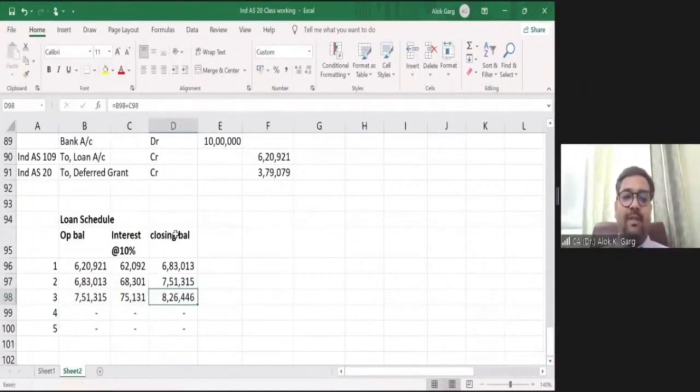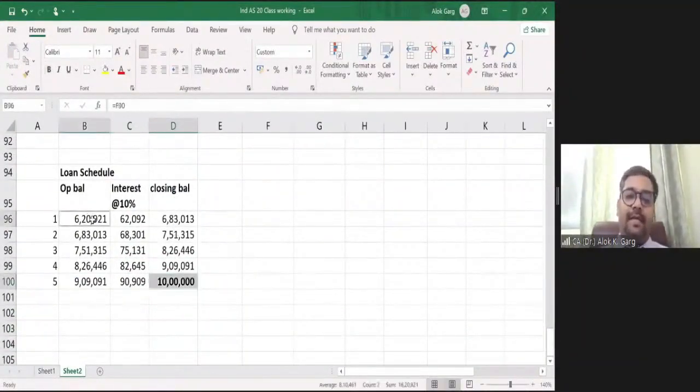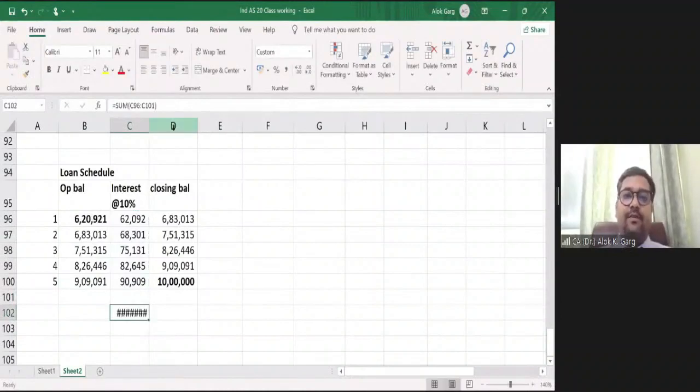Your closing balance will be this one. This is your opening liability, this is your interest, this is your closing liability. At the end of the 5th year, you have to recognize an interest cost, and this is the amount which has to be payable at the end of the 5th year. It becomes 10 lakh. You have to pay 10 lakh. So this is the total interest in the 5 years which you have to recognize.